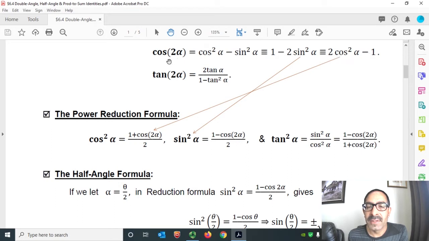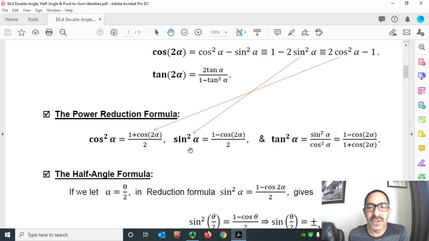That means we have cosine of 2 alpha plus 1 equals 2 cosine square alpha, and then divide both sides by 2. Then it turns out that cosine square alpha equals 1 plus cosine of 2 alpha over 2. I hope this makes sense to you here.